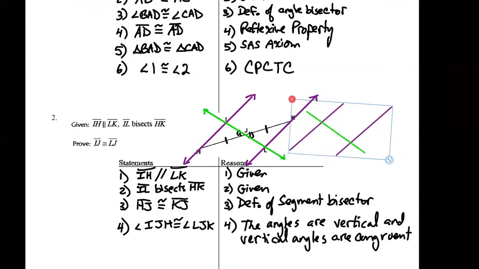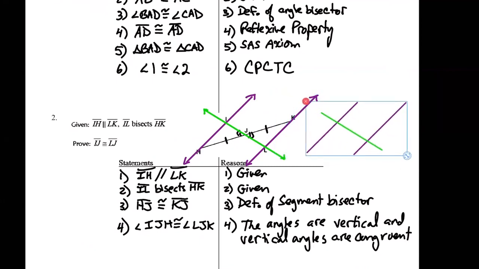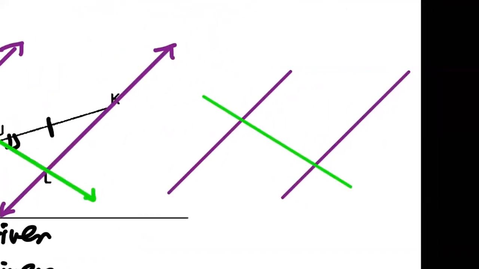Almost like a problem from last week where they would say, all right, if you know that there are two parallel lines cut by a transversal and you know this angle is whatever, what's that angle going to be? Well, we know things about consecutive interior angles, alternate interior angles, alternate exterior angles.